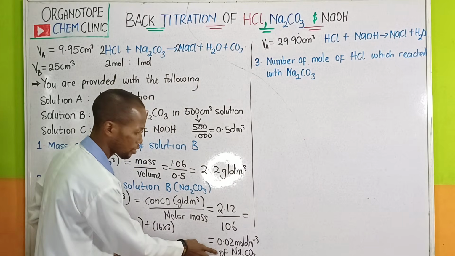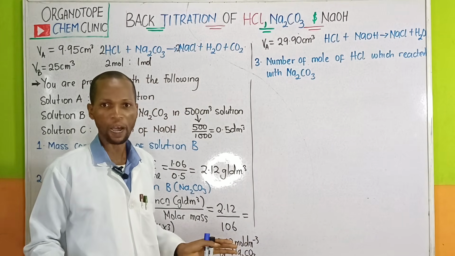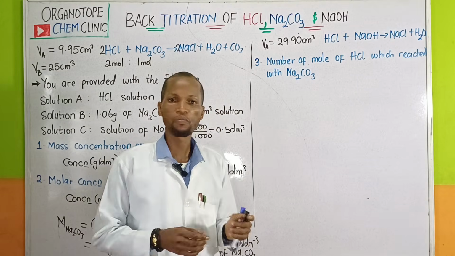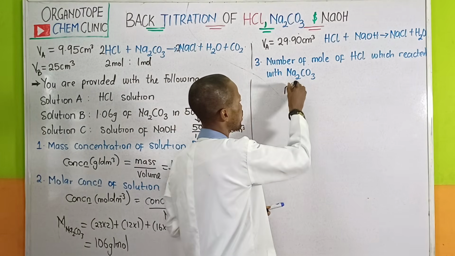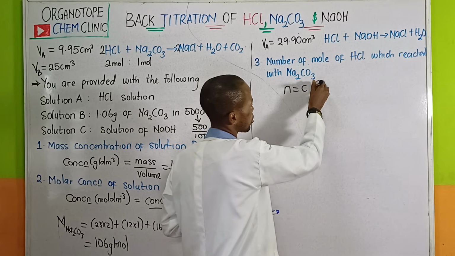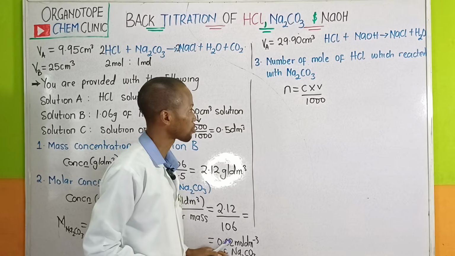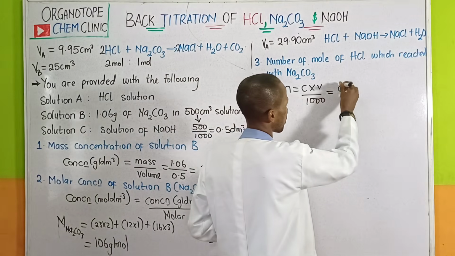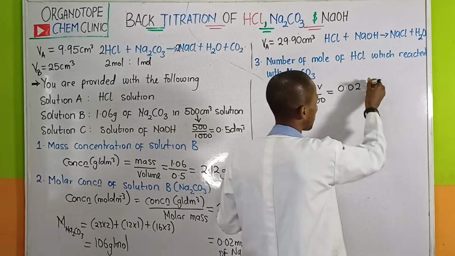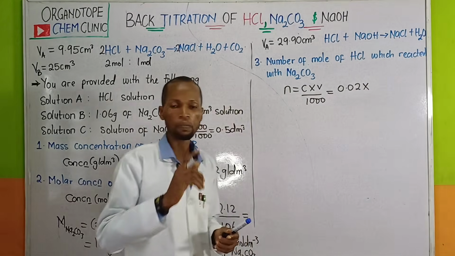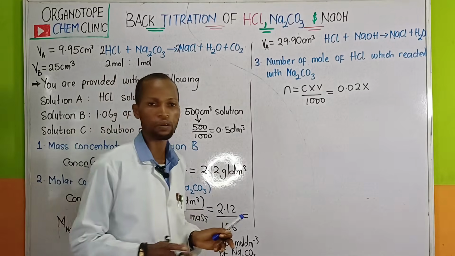Remember, we know the concentration of sodium carbonate, which is what? 0.02 mole per dm³. Then we can find the number of mole of sodium carbonate. Now, in order to determine the number of mole of sodium carbonate, we can use the expression N equals concentration times volume over 1000. Since the concentration is known, we have concentration of sodium carbonate 0.02 times what is the volume of sodium carbonate pipetted? We have 25 cm³ of sodium carbonate.